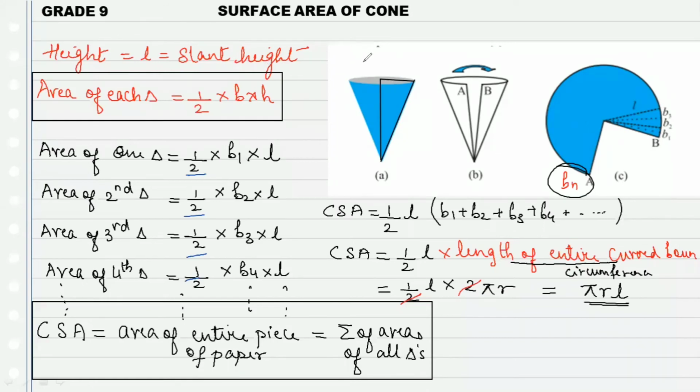And in this right angle triangle, if you have the base with you, that will be your radius. And if you have the height with you, we can easily find the hypotenuse, that is your slant height.